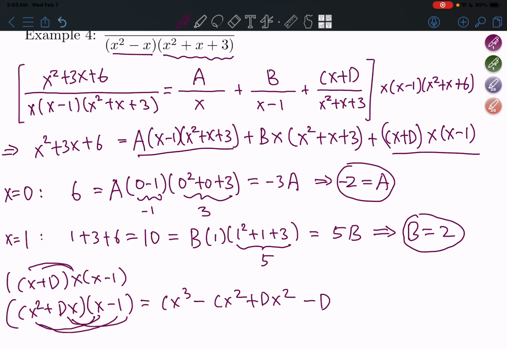But what that does is it tells me that c is involved in x cubed and d is involved in a constant term. So what I have to do is go through the rest of these two terms and extract all the constant terms, because the constant terms help me solve for d.